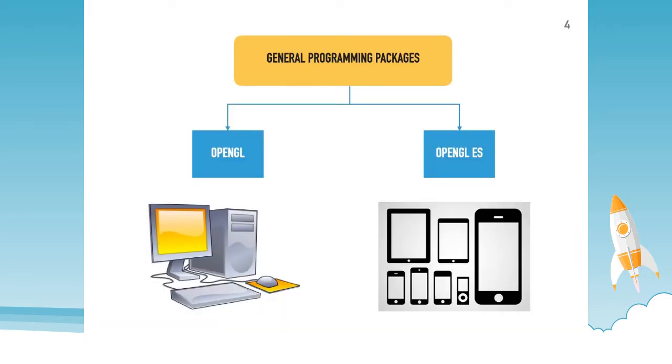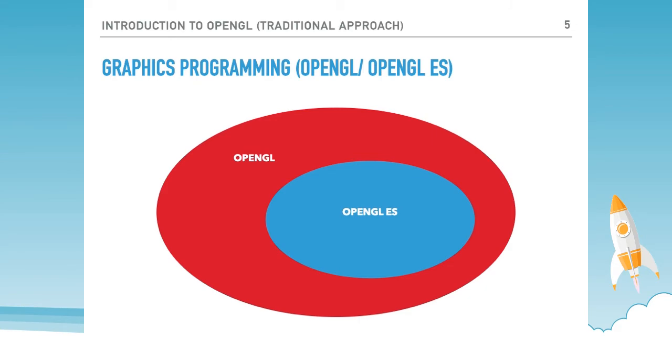Again, OpenGL and OpenGL ES belong to the general programming packages, and OpenGL is used in the desktop, while OpenGL ES is used in the embedded platform. OpenGL ES is a subset of OpenGL.